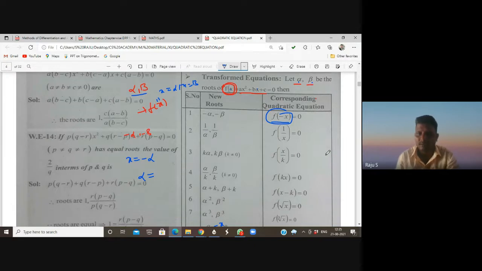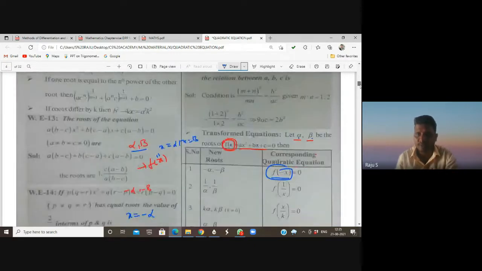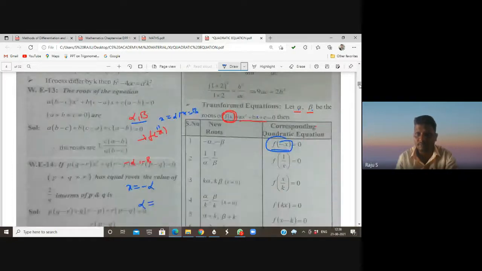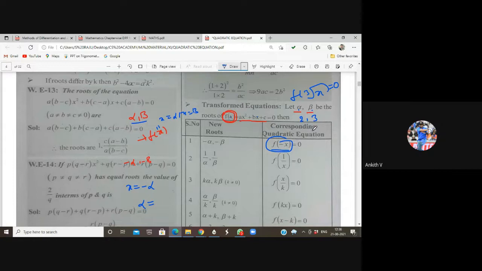For example, I may give like this: 2, 3 are roots of f of x is equal to 0. Then what are the roots of f of cube root of x is equal to 0? Can anyone tell that? 8 and 27.